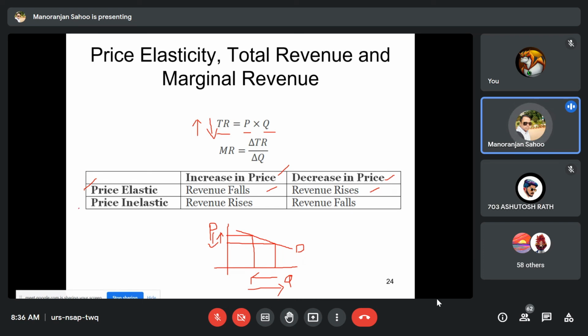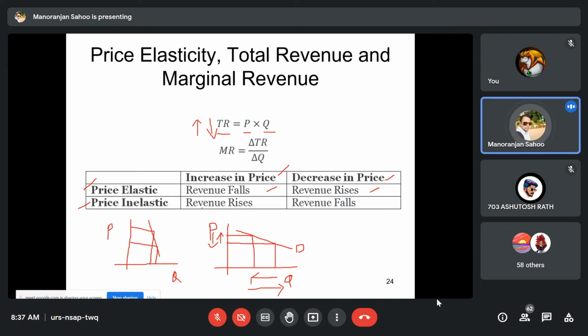Similarly, the opposite will happen when it is inelastic demand, or the demand curve will be relatively steeper. This means for a large change in the price, there will be a small change in the quantity demanded.